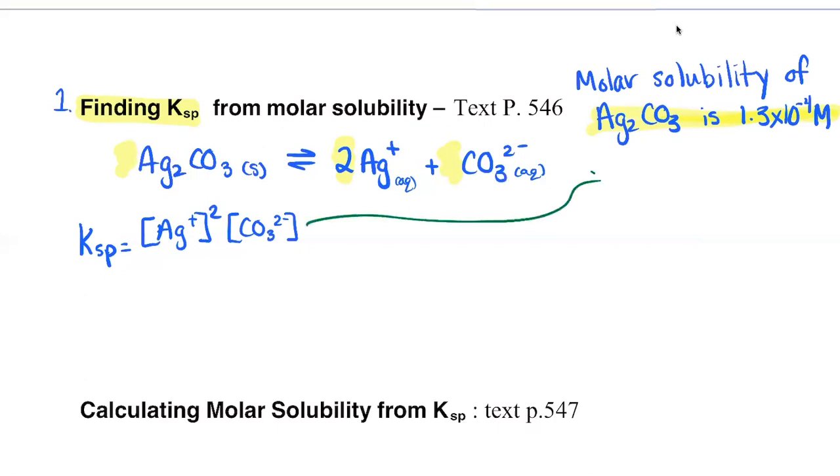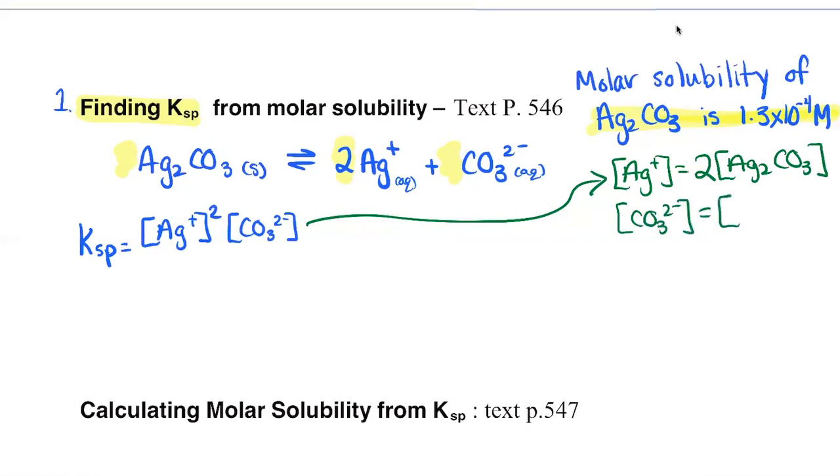The concentration of Ag+ is going to be equal to 2 times the molar solubility of Ag2CO3. And for the CO3 2-, it will just be equal to 1. Okay, it's a 1-to-1 mole ratio for the carbonate and the silver carbonate. Okay, 1-to-1. So those are going to be equal.